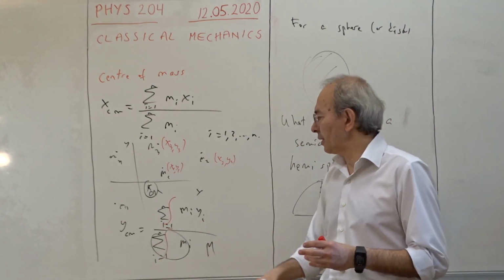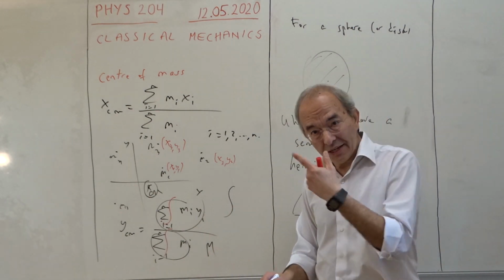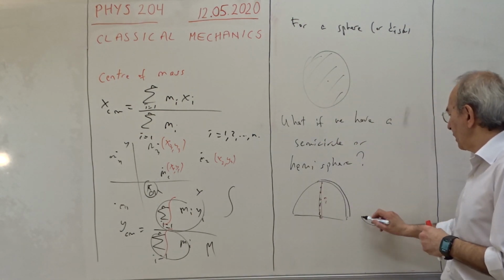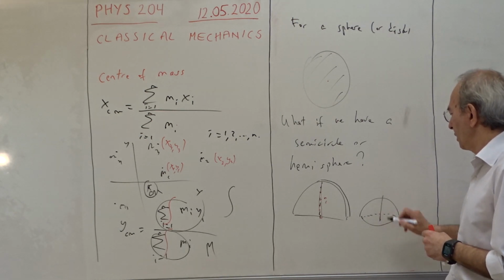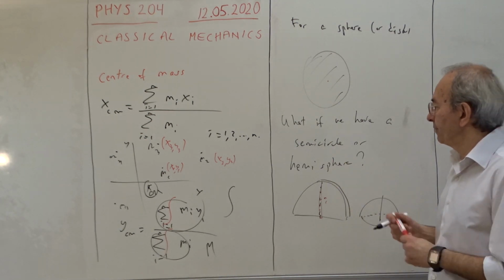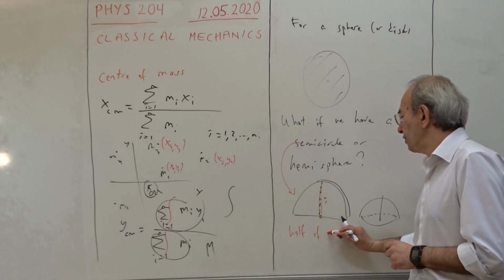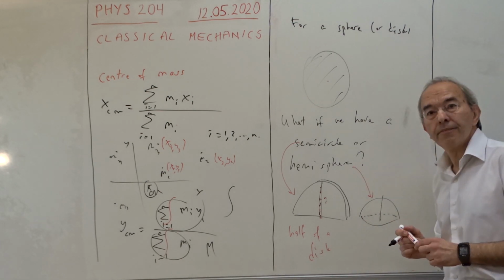Maybe it is just a capital M. However, this part now becomes an integral that we have to calculate. Alright, again, let's say we have a semicircle, such as half of a disc, or a hemisphere.